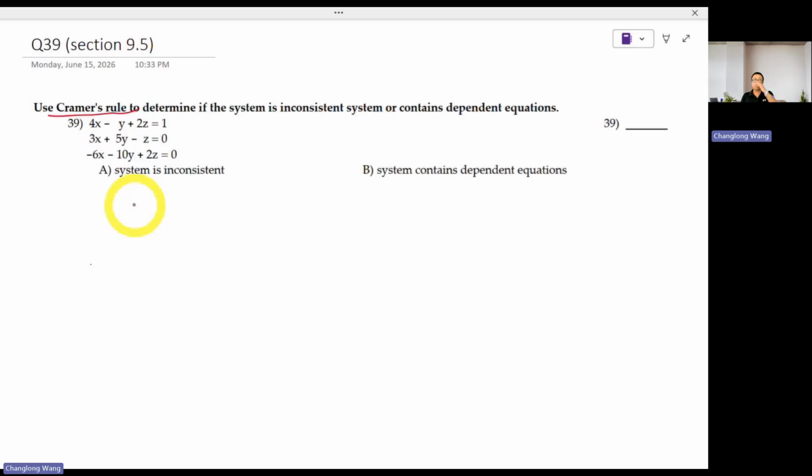So there are a lot of superficial similarities between Cramer's rule and the matrix solution. They could be pretty similar, but they're still 2 different things.